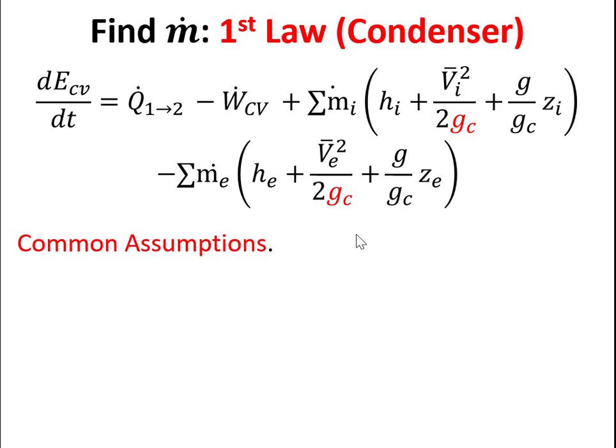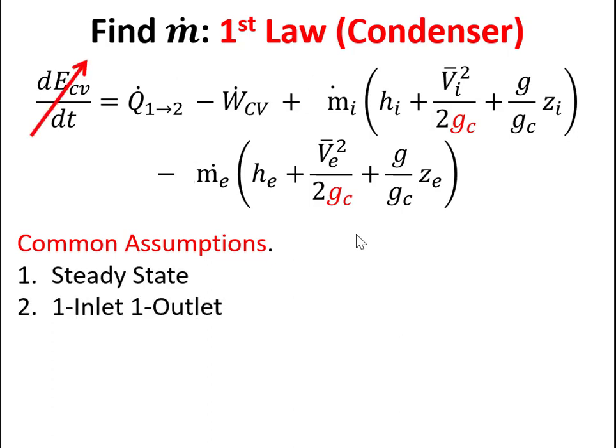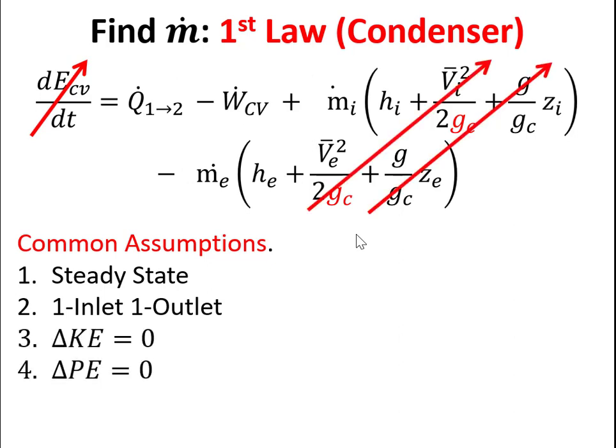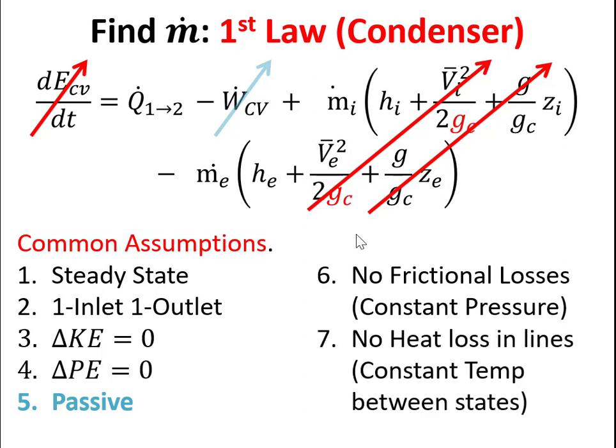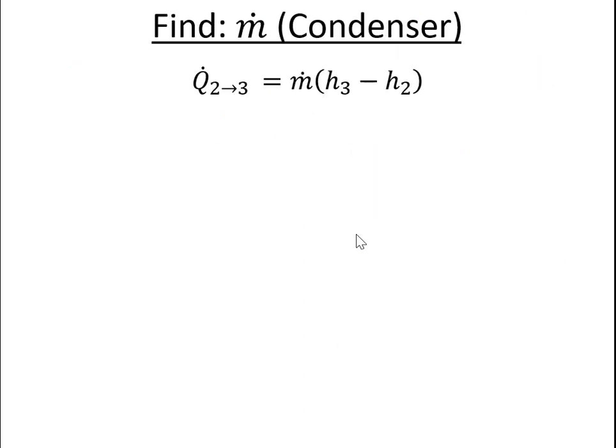My first law in imperial units looks like this. I'm at steady state, one inlet, one outlet, no kinetic or potential energy changes. I'm going to assume that the process is passive when I look at the condenser, and that there are no friction losses and no heat loss in the lines.